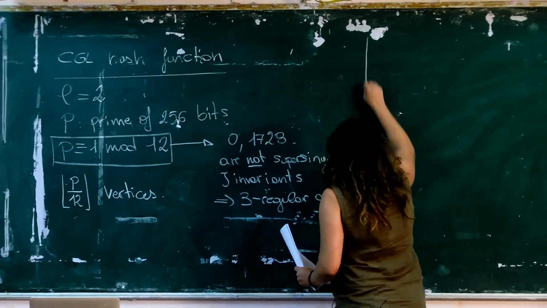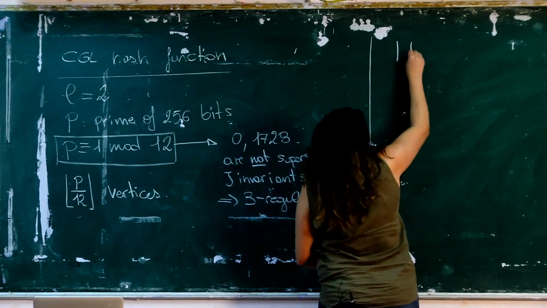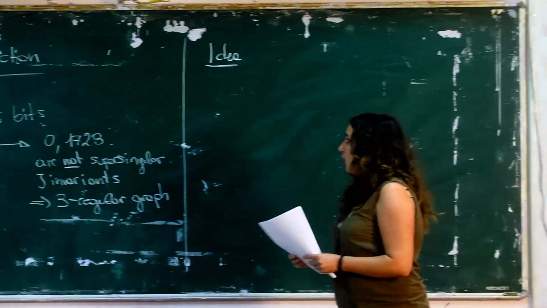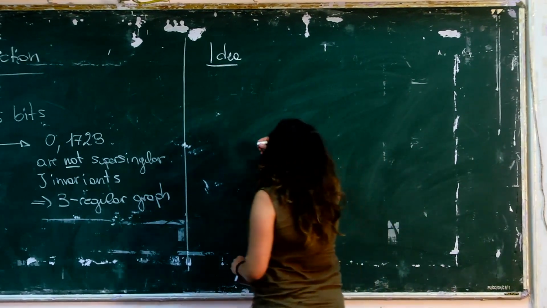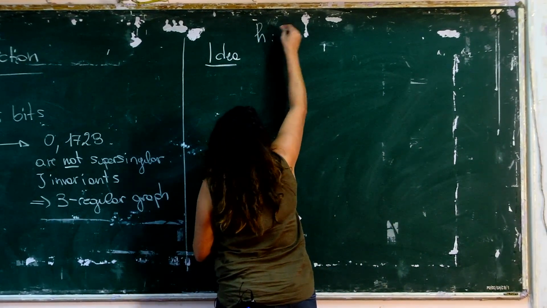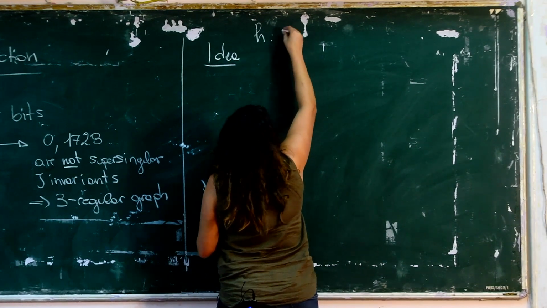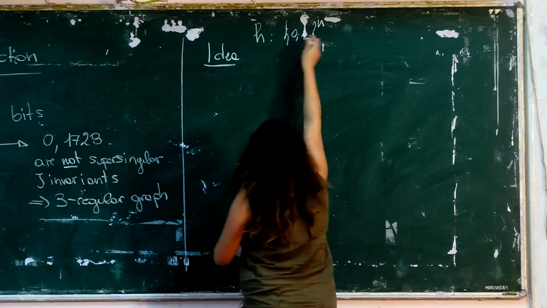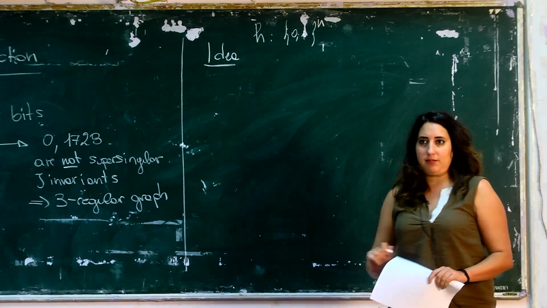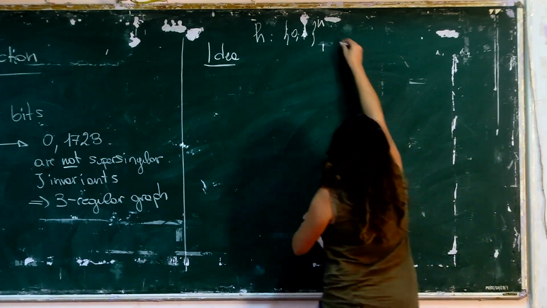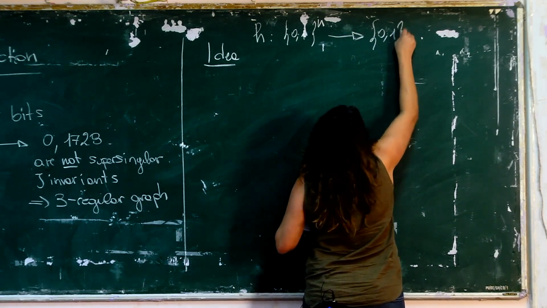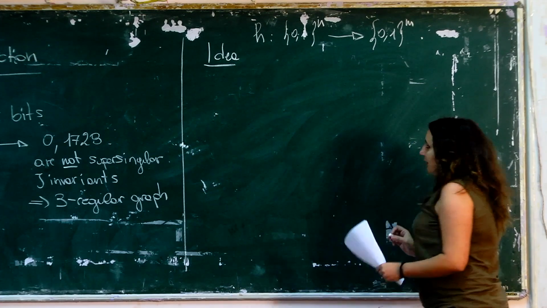Now, what is the idea of this hash function? The idea is the following. You remember, we are going to take as input a string of a fixed number of bits, n, and we want to return a string of m bits.